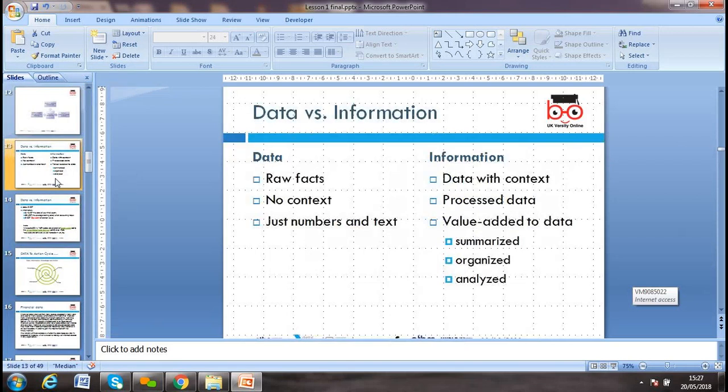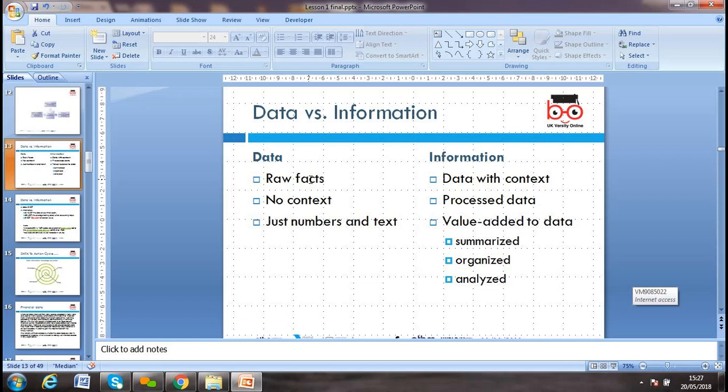Okay. Data and information. There is sometimes a discussion about data and information. What is the difference between them? Data is raw facts and figures, and information is data with context, processed data, value-added data, summarized and organized. Like when we say 10 million worth of sales from which customer, that data has information as well.